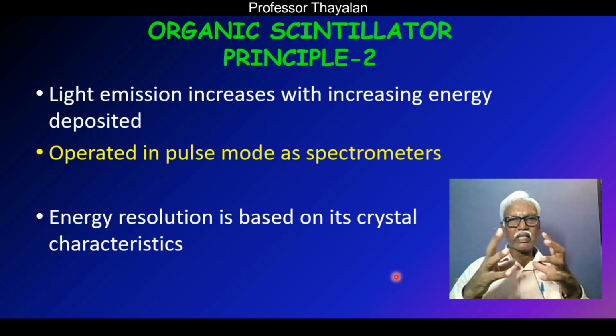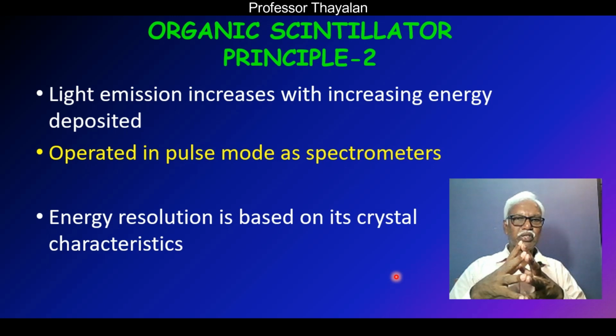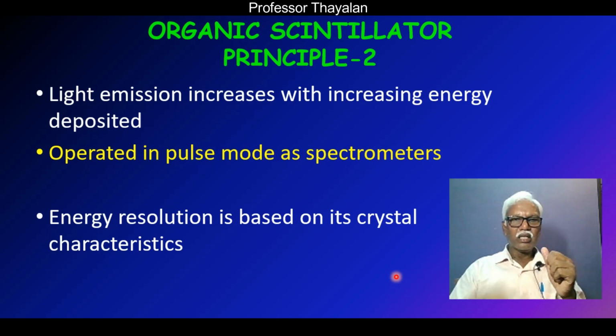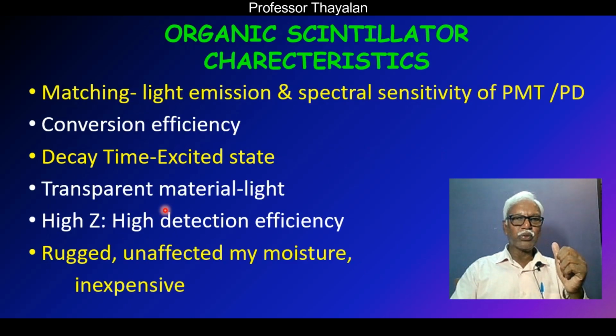The light emission increases with increasing energy deposited. Most scintillators are operated in pulse mode as spectrometers. The energy resolution is based on the crystal characteristics, that means each crystal has its own characteristics.